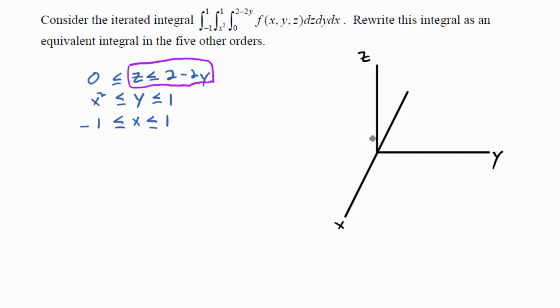So I think an easy way to graph this line would be to look at, say, what would the y-intercept be? If you plug in 0 for z, you'd get the y-intercept, right? So what would that be, 1? Okay, so I'll go out 1. And then what would the z-intercept be? Plug in 0 for y.